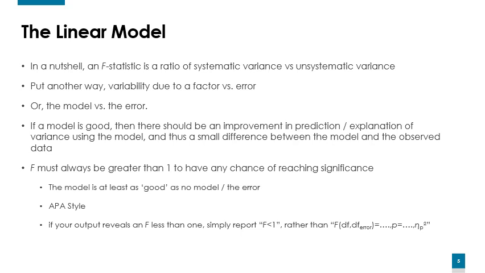Because F less than 1 can never be significant, we can to a certain extent disregard that other important information like degrees of freedom, exact p-value and effect size, because the F less than 1 can never be significant.